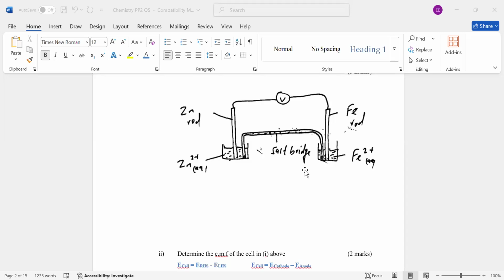And if the question is on the diagram, please don't show it outside. We have this wire here, this is the connecting wire where we have the voltage. So if you're asked on the diagram, ensure that you show it on the connecting wire here. That's a good question. Flow of electrons: electrons will flow from where to where? Quickly. This side where we have zinc, I would say that one is the anode. This one where we have iron is the cathode.